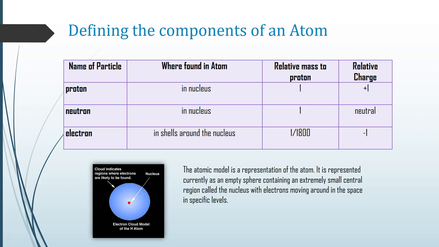Hopefully you remember that in our atom we have protons and neutrons, and they are located in the nucleus. These two things together we refer to as nucleons. So basically, nucleons are particles that exist in the nucleus. In the case of the proton, its relative mass compared to the neutron is 1. So we basically say that they have the same mass.